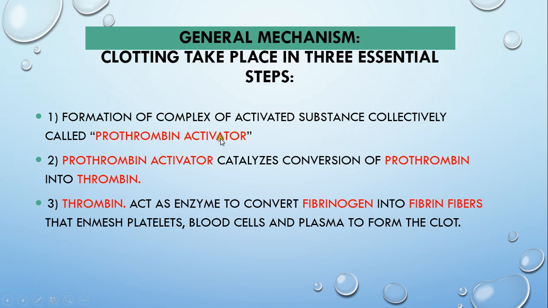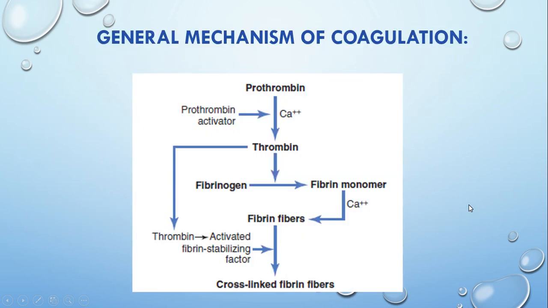After the formation of prothrombin activator, there is the conversion of prothrombin into thrombin under the influence of prothrombin activator, and then thrombin acts as an enzyme to convert fibrinogen into fibrin fibers. So the first step in the coagulation cascade is the formation of prothrombin activator, which is the rate limiting step in the coagulation cascade.